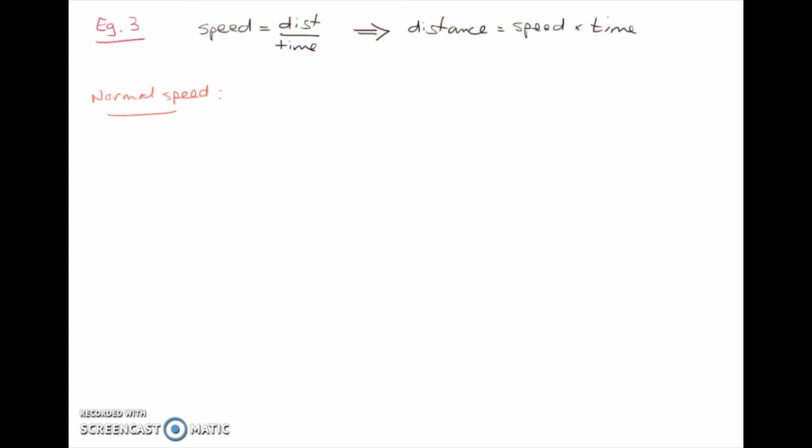Now, at his normal speed, the distance could be calculated by multiplying his normal speed times the time that it takes to get there. We're going to let n represent his normal speed.